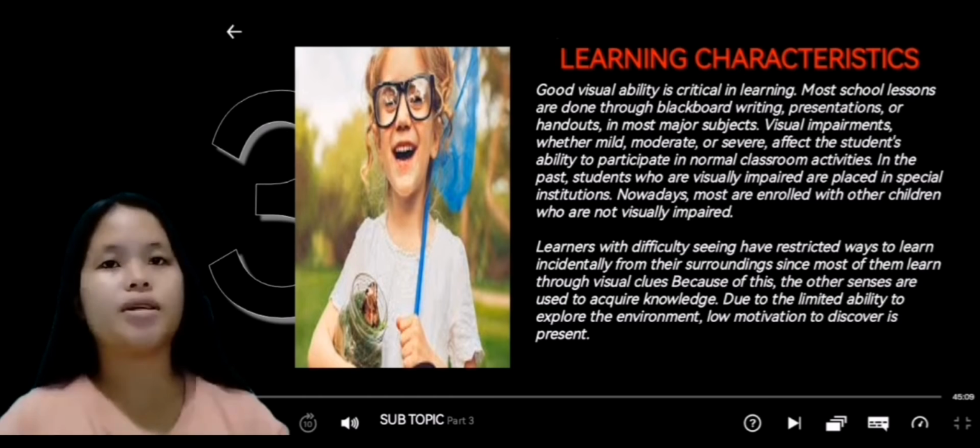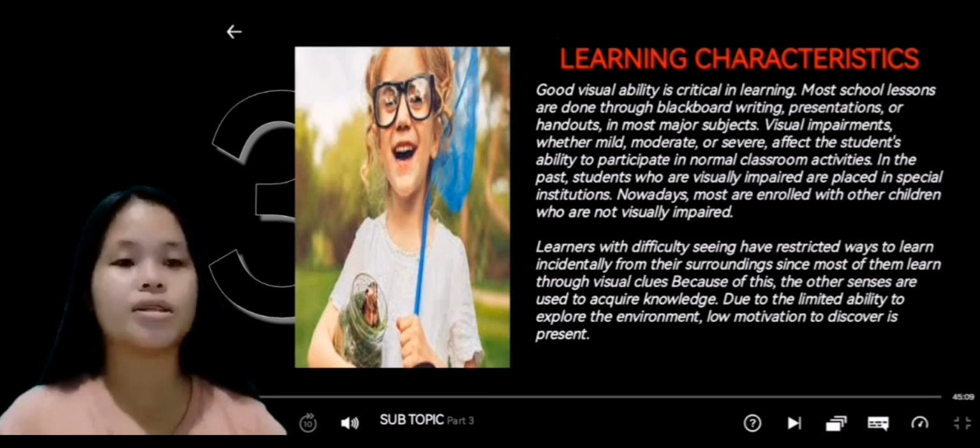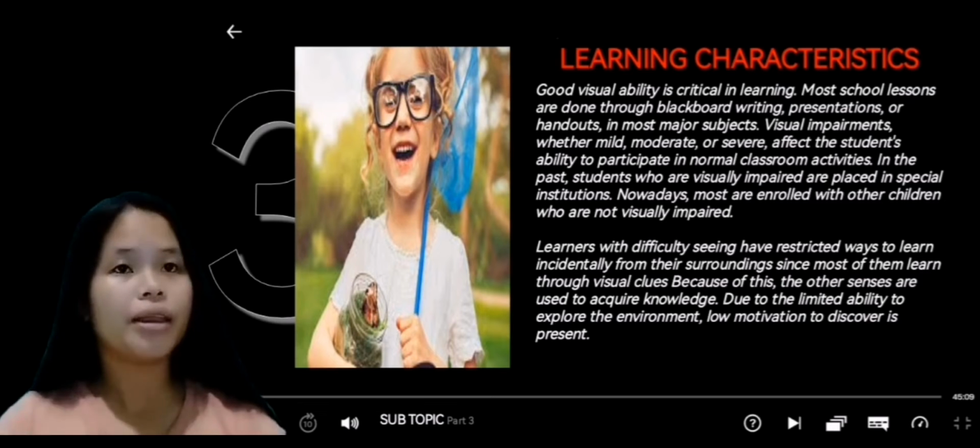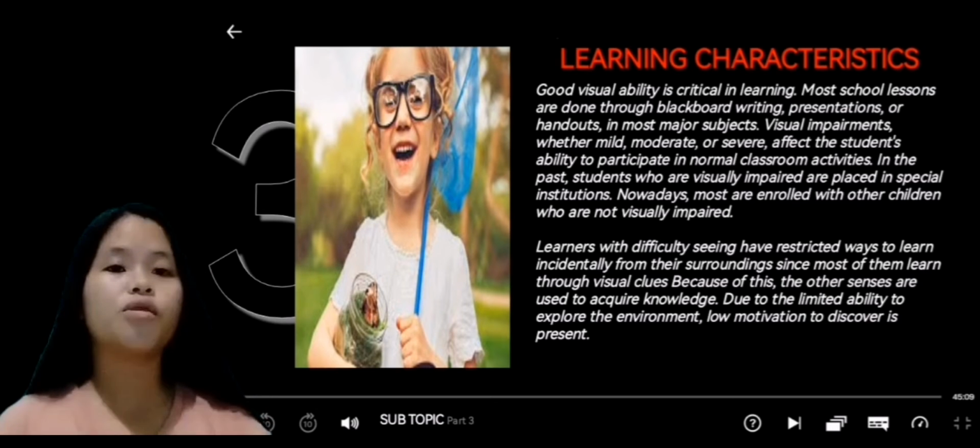Learners with difficulty seeing have restricted ways to learn incidentally from their surroundings, since most of them learn through visual cues. Because of this, the other senses are used to acquire knowledge. Due to the limited ability to explore the environment, low motivation to discover is present.